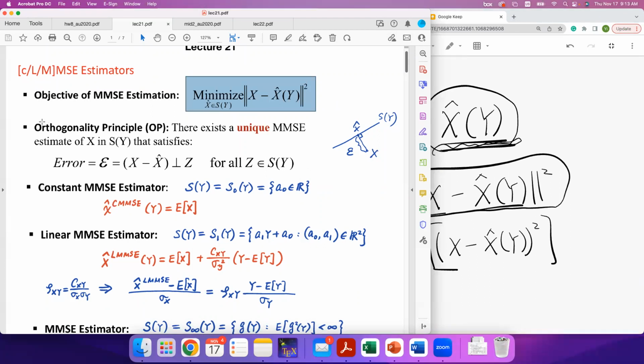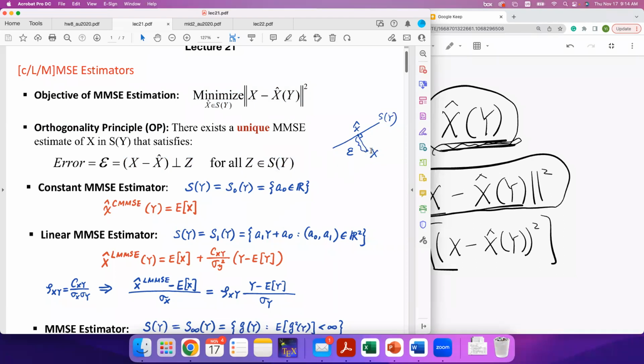To solve this minimization problem, we introduced this orthogonality principle. We can use this principle to obtain the minimizer. The minimizer estimator x hat should satisfy this principle, which says that the difference x minus x hat, this random variable, should be orthogonal to any other random variable z from this class.